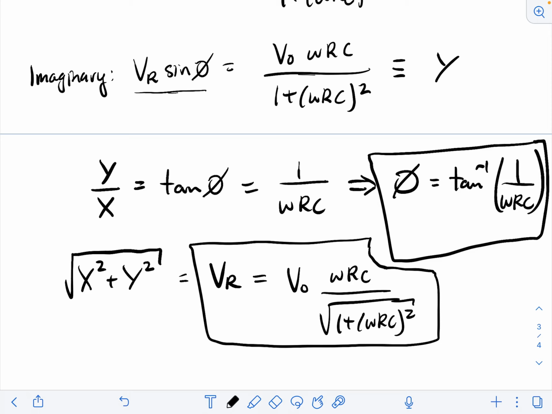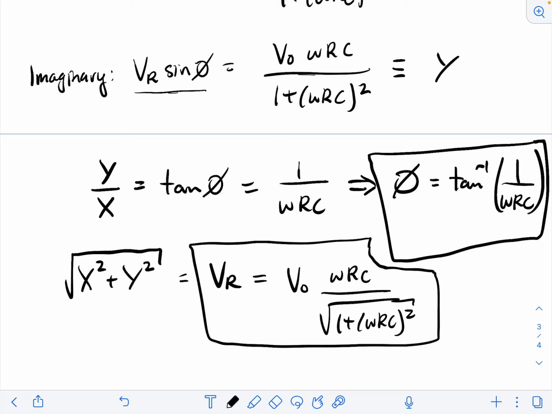If we go to low frequency, the 1 dominates the (omega RC) squared in the denominator, and we end up with V naught times omega RC. But at low frequency, the omega RC is very small, and so we have a voltage across the resistor with a small amplitude at low frequency.